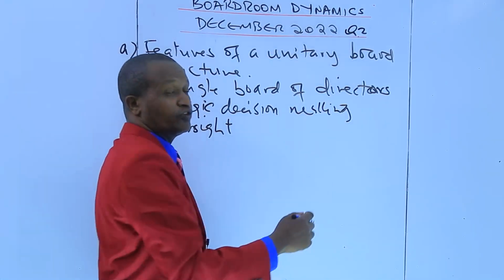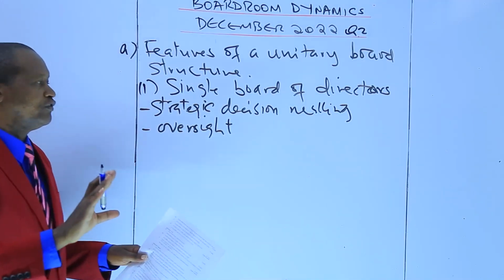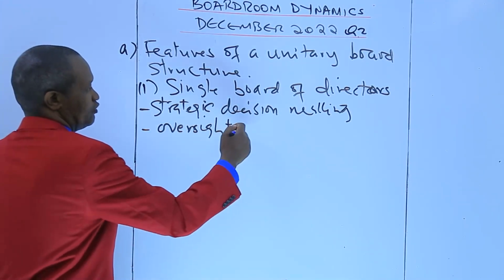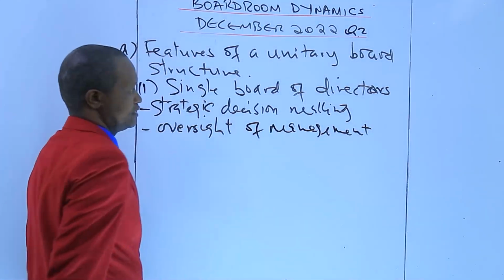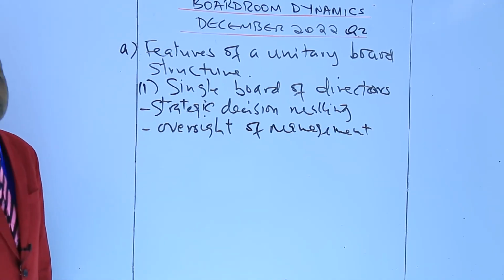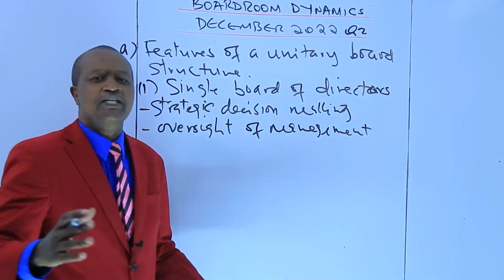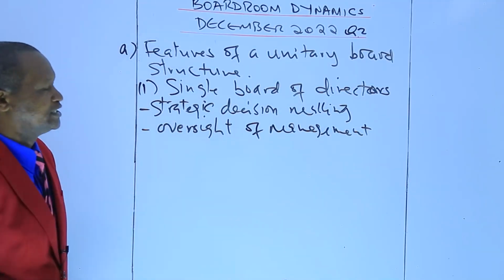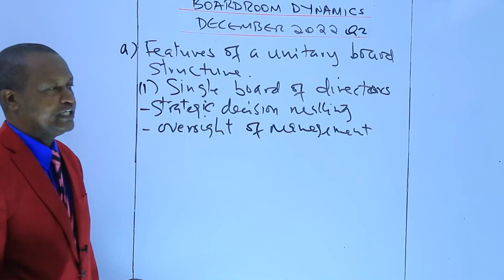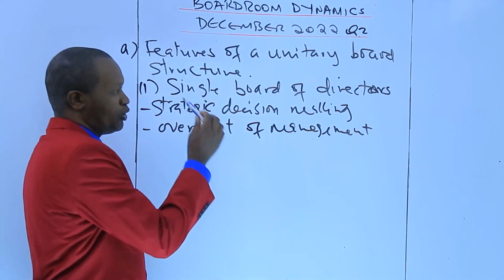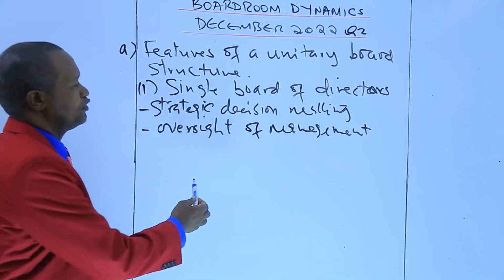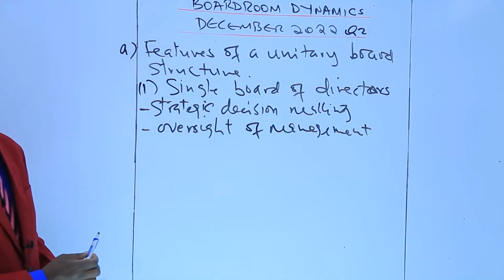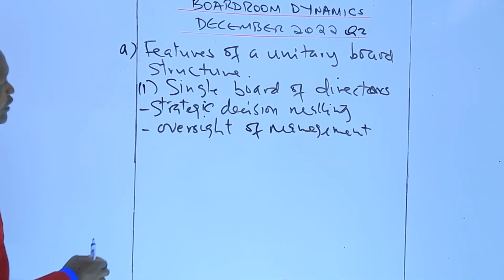It is also responsible for oversight of management. You understand? There is no separate supervisory management board, as is the case for a two-tier board. In a two-tier board, there are 2 boards, one responsible for decision making and the other responsible for oversight of management. So that is one feature of a unitary board structure.